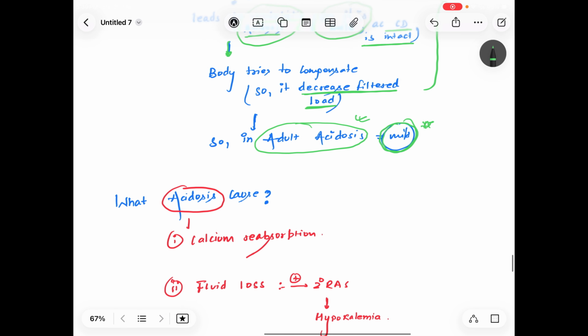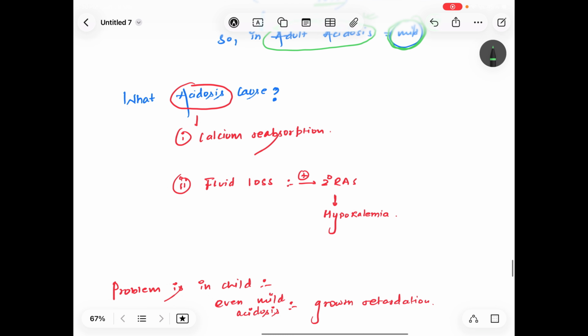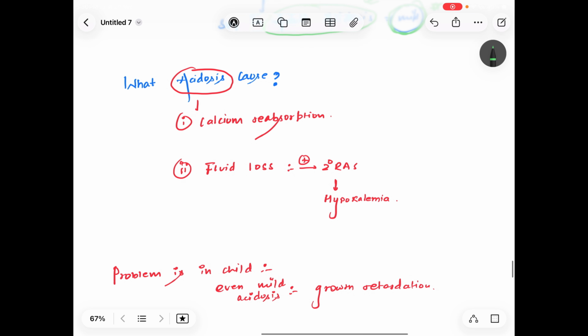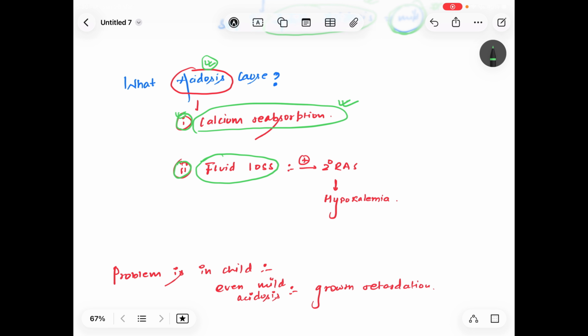So now what will this acidosis cause? If there is acidosis in the body, it helps in calcium resorption. And second, because of acidosis there is fluid loss, and this leads to activation of secondary RAS.